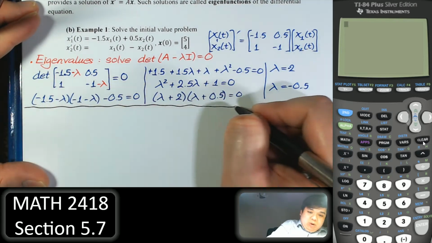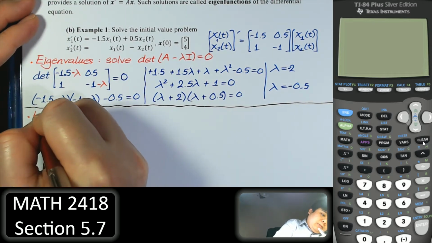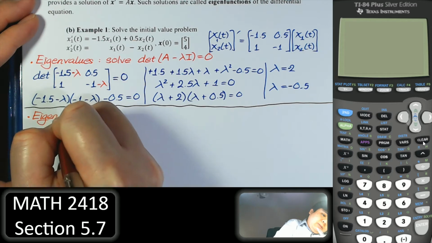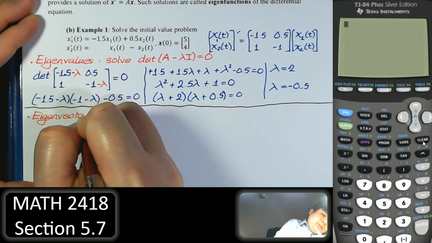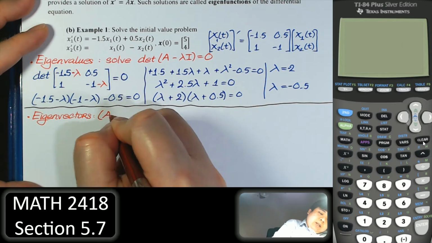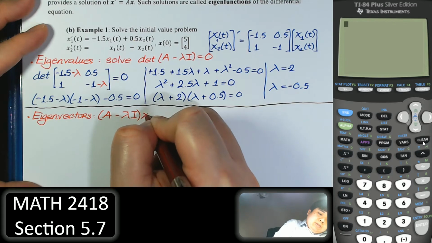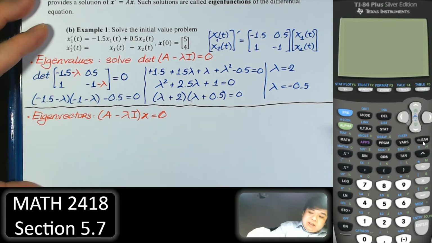Once again, we should write small because this problem takes a lot of space. For the eigenvectors, once again, we're going to solve the equation A minus lambda I times x equal to the 0 vector.